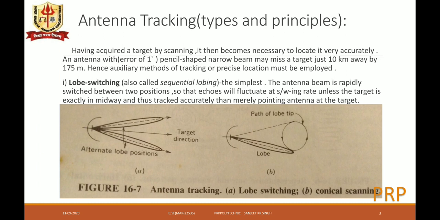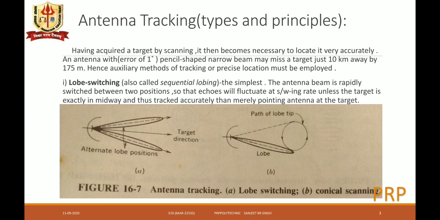So the antenna tracking. After the antenna has detected a target, that is, after having acquired a target by the scanning method, the next job is to locate it accurately with respect to azimuth, with respect to range, and so on.